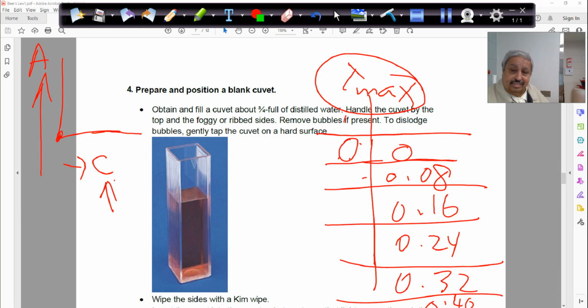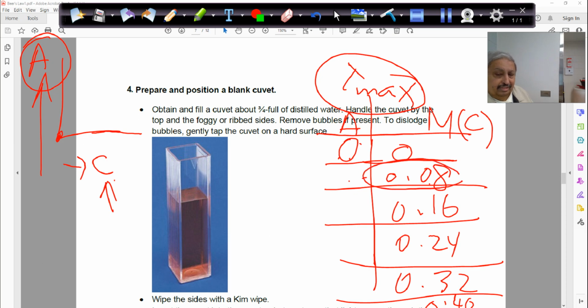So this is the absorbance, and this is the molarity, the concentration. When you plot those here, you need the experiment to determine the absorbance, nothing more. You record the absorbance here, and then you have the table, whatever, the 0.08 solution I made. What's the absorbance of it? And so on.